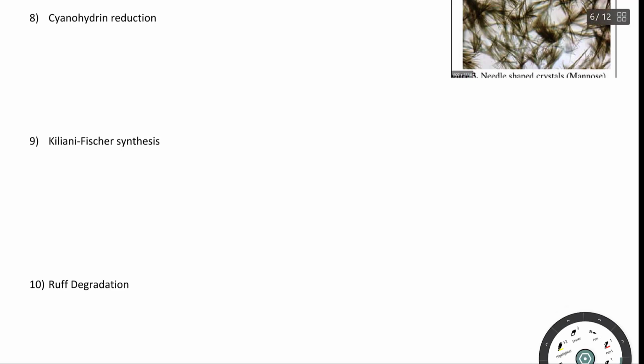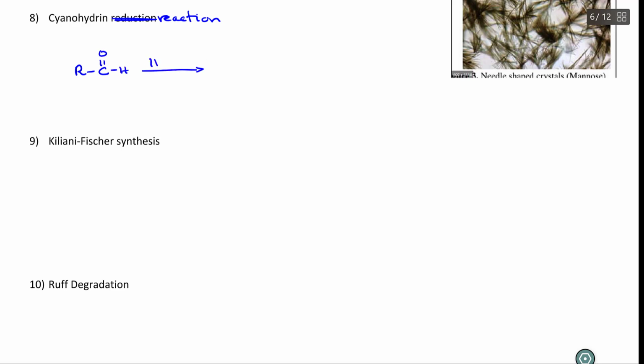So the cyanohydrin reaction, this is review because it's actually used in this Kiliani-Fischer synthesis that's down here. But the cyanohydrin reaction is basically this. You take an aldehyde and you use HCN and then CN minus in catalytic amounts.